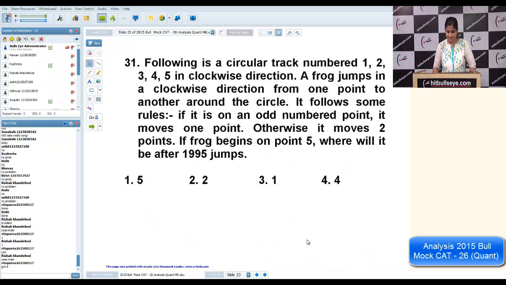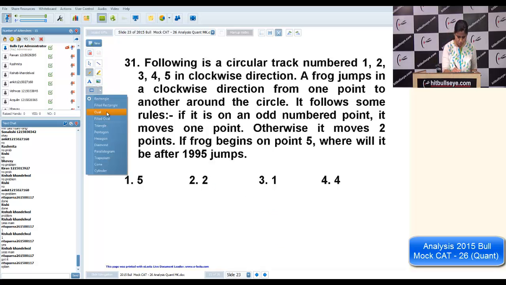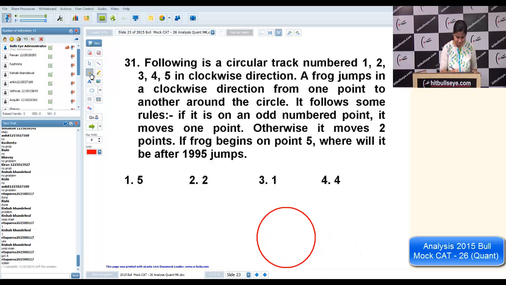Now coming to the next thing, again an easy question, medium level. Question number 31. What is the answer? I don't remember actually. Any problem in this? Yes, Rituparna. There is a circular track, and there are 5 numbers marked in the clockwise direction.